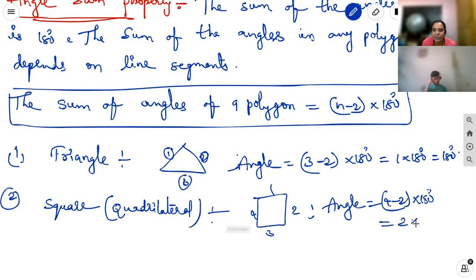It is equal to 2 into 180 degrees, equal to 360 degrees. Such angle sum properties are there, which depend on the number of sides. For any polygon, the sum of angles of a polygon is equal to number of sides minus 2 into 180 degrees.